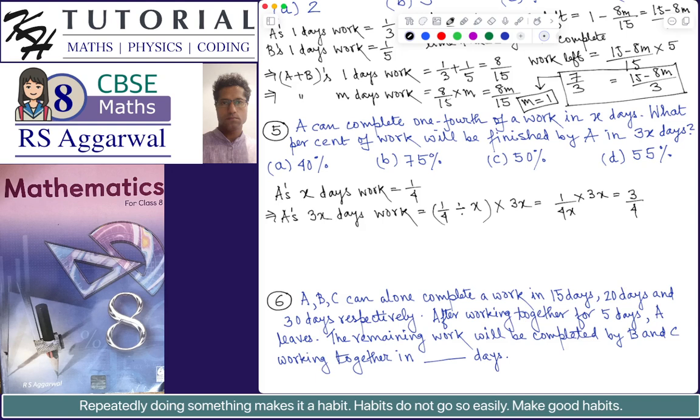Now we have to find the percentage value of 3 by 4 based on the whole work, that is, the whole work is 1. So we just have to find the percentage equivalent of the fraction 3 by 4. This 3 by 4 is equal to 3 by 4 multiplied by 100 percent, which is equal to 75 percent. So in 3x days, A will complete 75% of the work. So the answer is choice B.